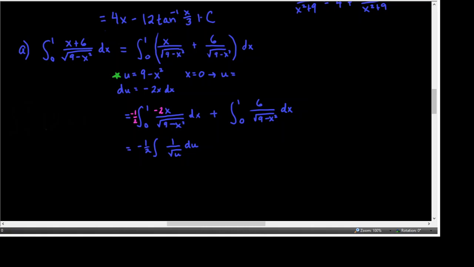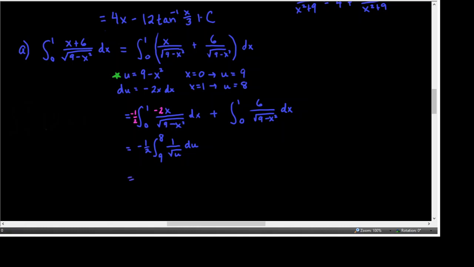So if x is 0, 9 minus 0 squared is 9. So the lower bound for the first integral will become 9 with that u substitution. The upper bound, 1, when x is 1. What's the corresponding value of u? 9 minus 1 squared is 8. So the upper bound is 8.